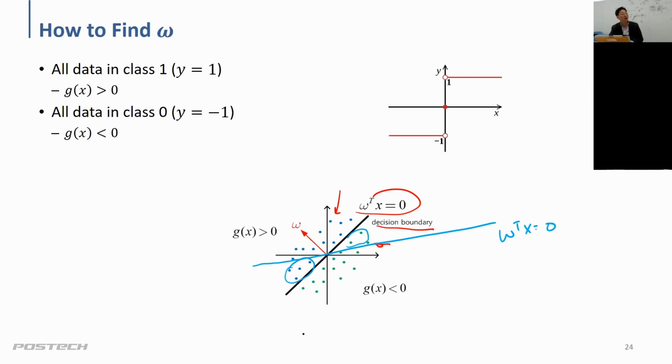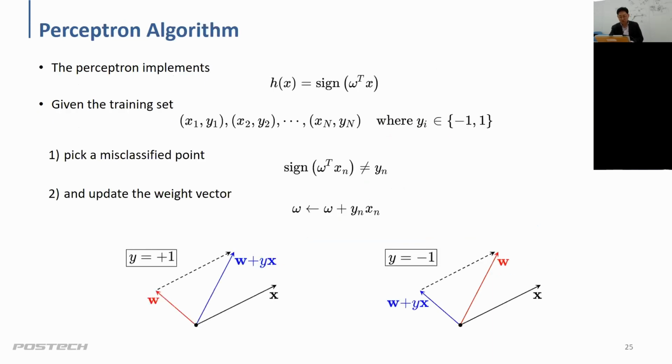Right? So this is not good. Then what we can do, I can change the value of omegas, or update it until we find the omegas that are linearly separable. That's the idea of perceptron.